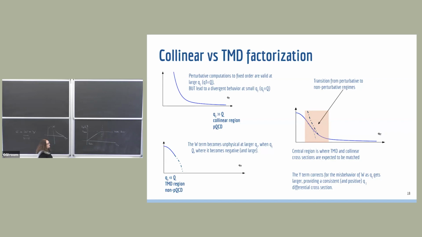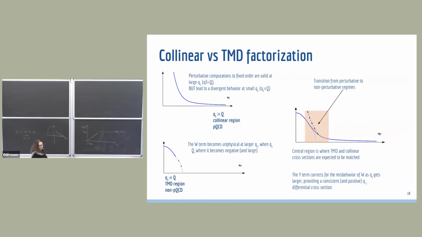And you have these two little things, and you want to match them in something which is continuous. Okay? So Andrea will tell you how to use some specific definition of the Y term to be able to actually work out this matching in the middle.